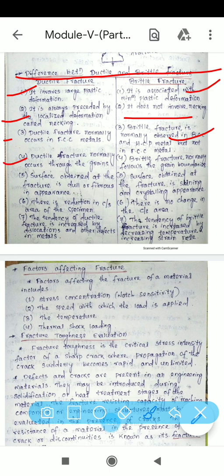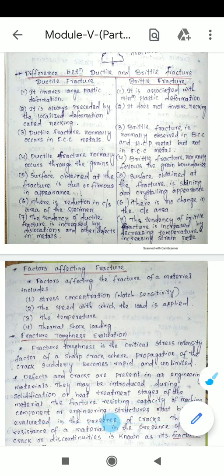Fourth point, ductile fracture normally occurs through the grains. Brittle fracture normally follows the grain boundary. Fifth point, the surface obtained at the fracture is dull or fibrous in appearance, but in brittle fracture the surface is shining and crystalline in appearance.